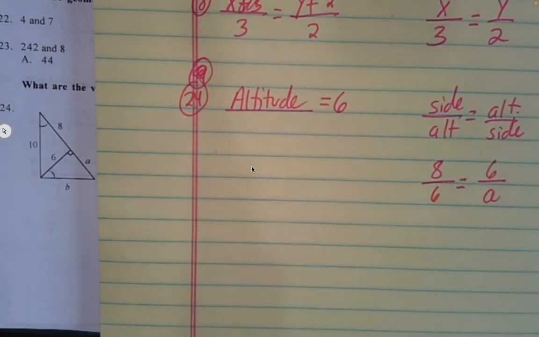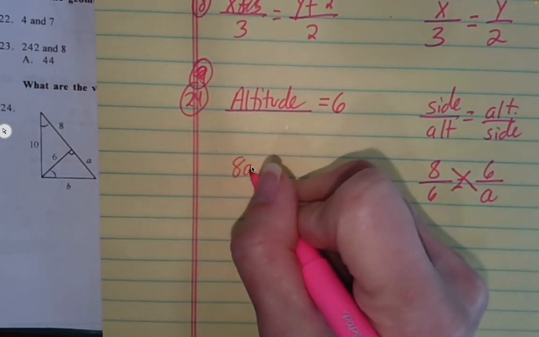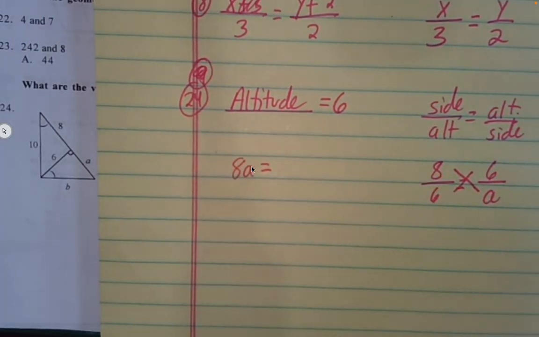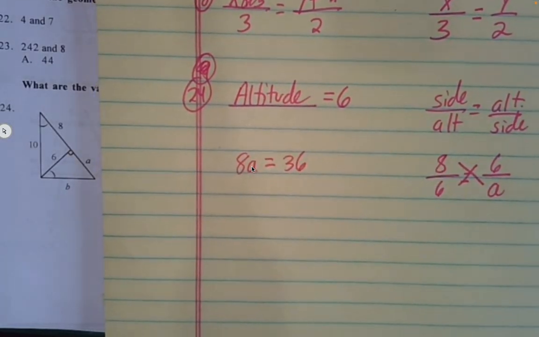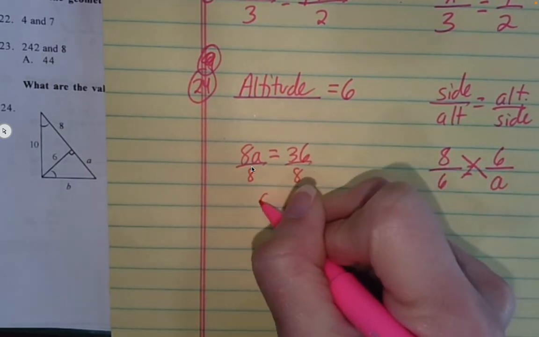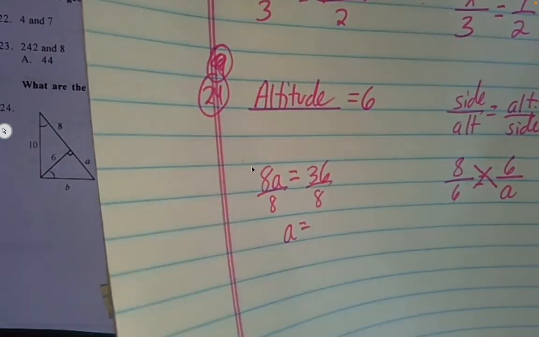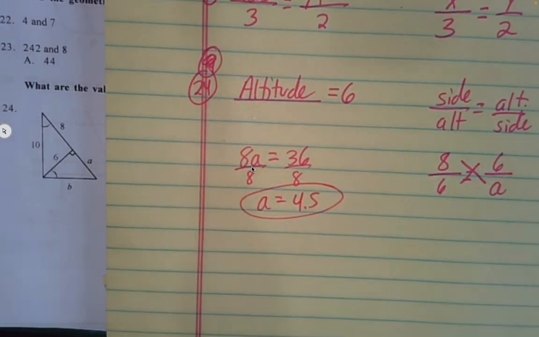So how do I solve for A? Cross multiply. So I get 8A equals 6 times 6, which is 36. Then divide by 8. What do we get for A? 4.5. Yeah, we'll leave it as a decimal. 4.5. Everybody good with that one?